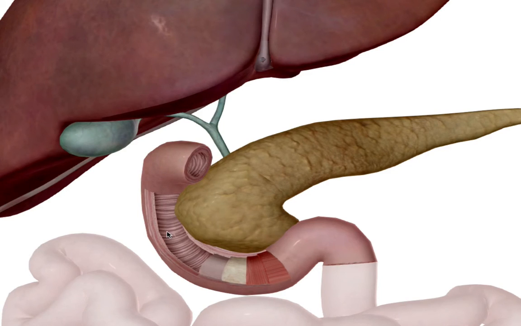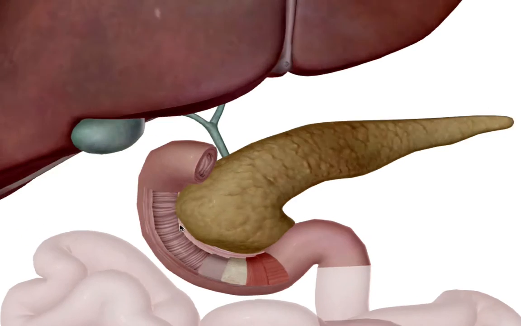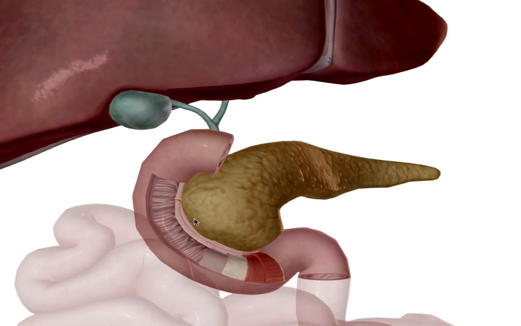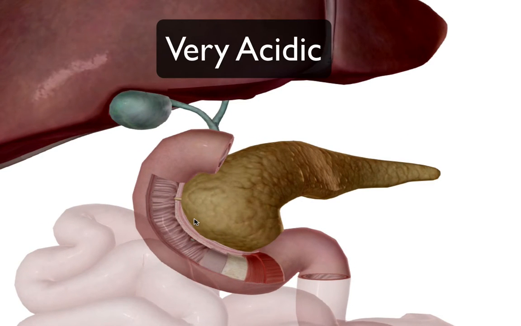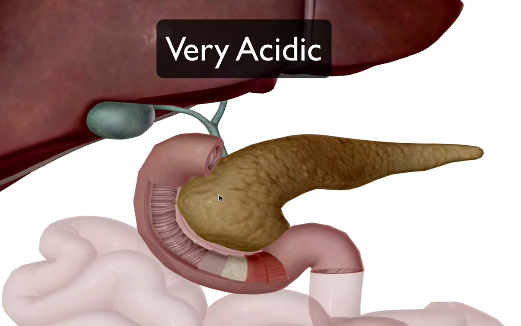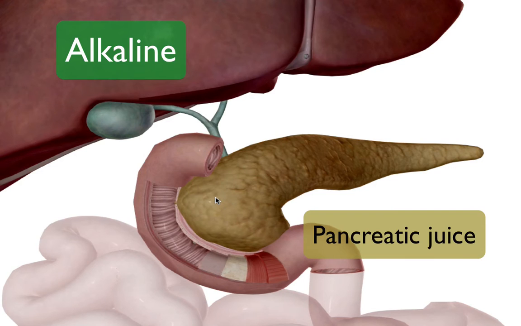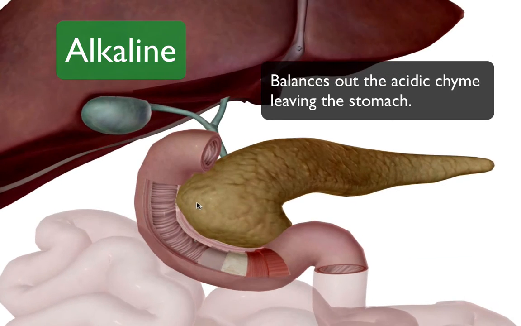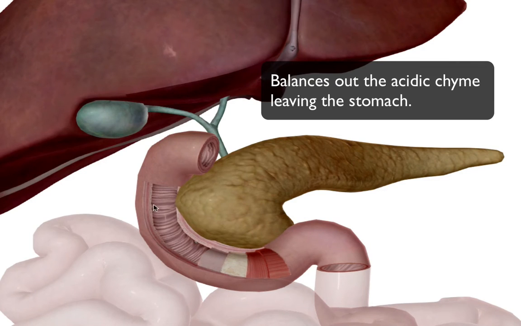We'll talk about the small intestine just after the pancreas. But these juices are incredibly acidic, and so the pancreas produces something called pancreatic juice, which is very alkaline, very basic, and that helps to buffer the incredibly acidic juice that's coming out of the stomach.